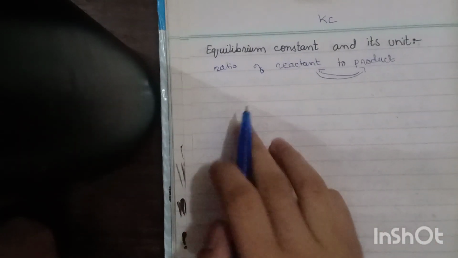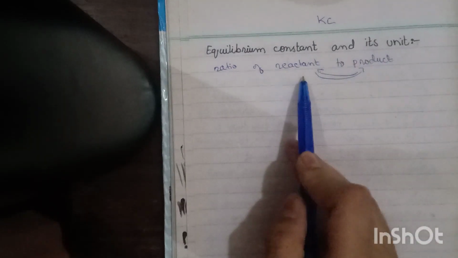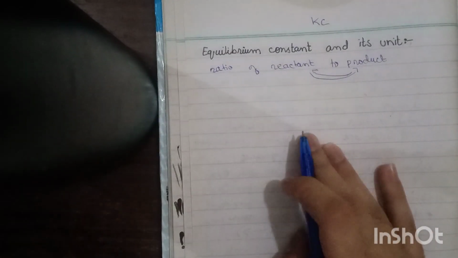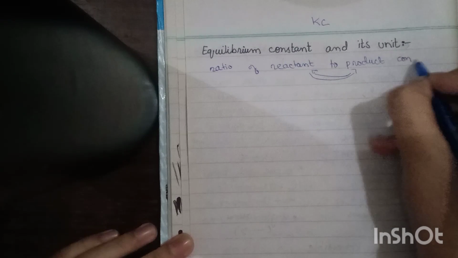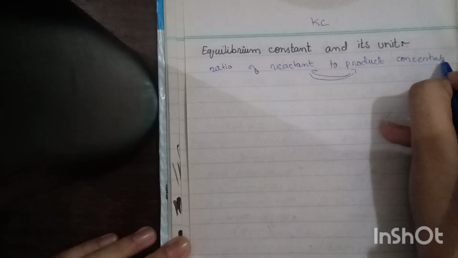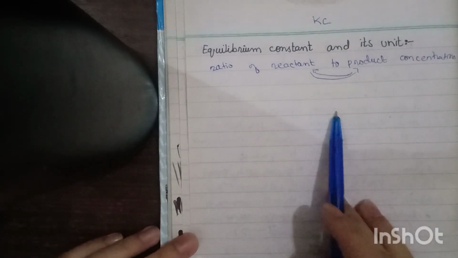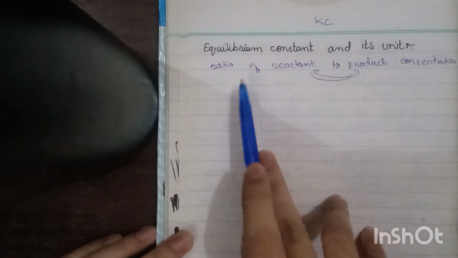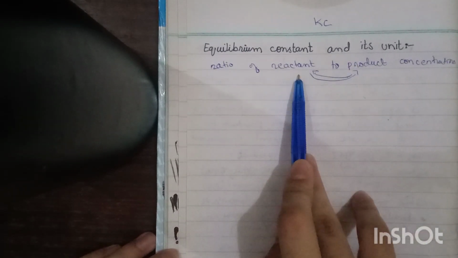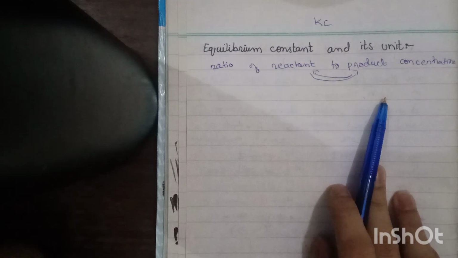It figures out the ratio of product to the reactant, yes, the concentrations of these. So what is equilibrium constant? Basically it is the ratio of product to the reactant, the concentration of both of them.